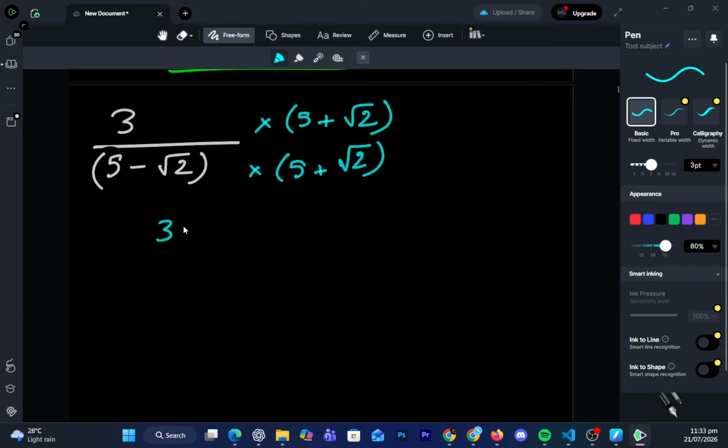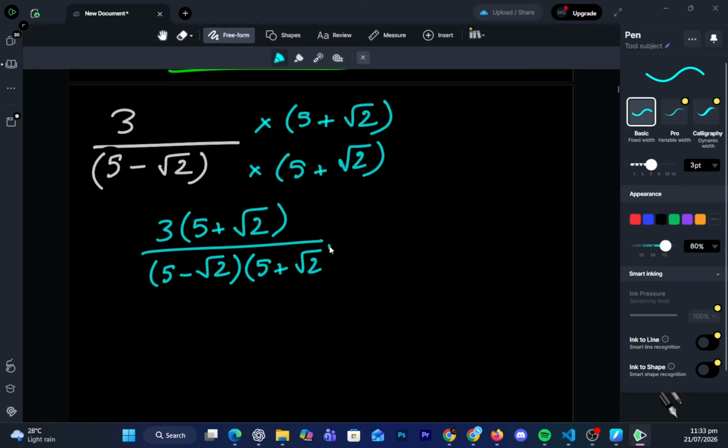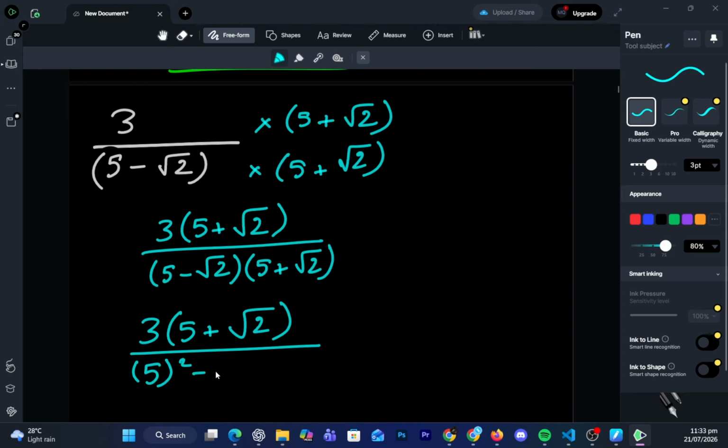The numerator becomes 3 into 5 plus under root 2 over 5 minus under root 2 into 5 plus under root 2. Now the denominator will become 5 whole square minus under root 2 whole square by using the identity.